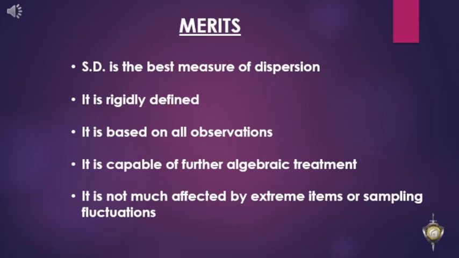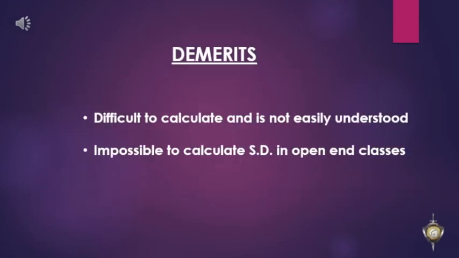It is capable of further algebraic treatment. It is not much affected by extreme items or sampling fluctuations. Demerits. Standard deviation is difficult to calculate and is not easily understood. It is impossible to calculate standard deviation in open-end classes.